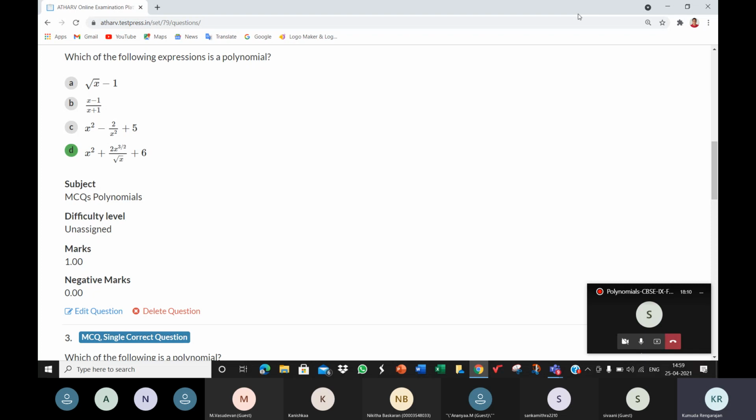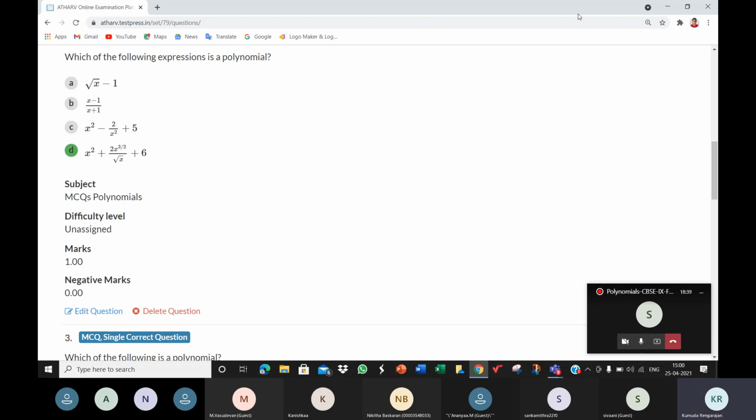In the denominator we have power 1 by 2, so that makes it x to the power 2 by 2, which is 1. So the expression is x squared plus 2x plus 6. In x squared, the power of x is 2, which is a whole number. In the second term 2x, the power of x is 1, which is a whole number. So option D is an algebraic expression as well as a polynomial.